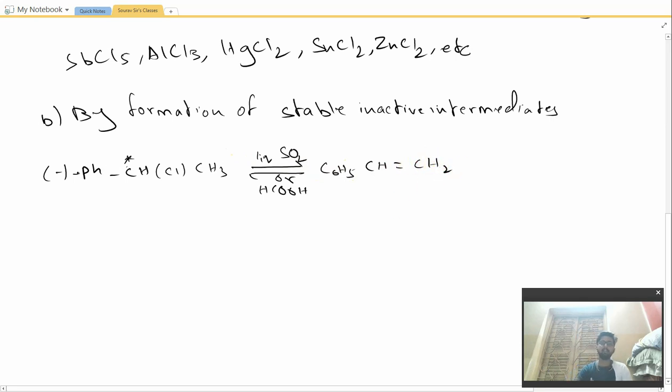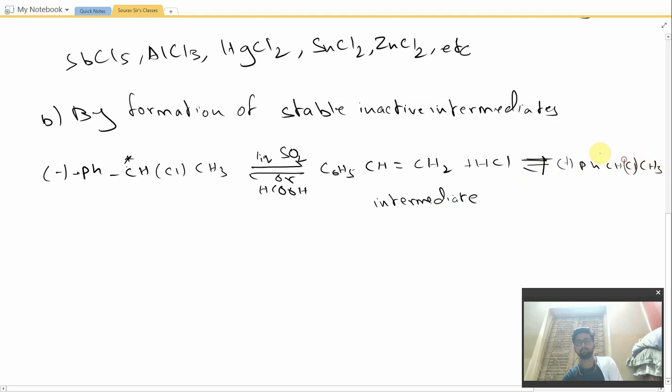What's happening here is HCl is being removed in the intermediate step. Now after this, the HCl will again add itself, forming the plus isomer of PhCHClCH3 again. From the minus, the plus isomer is formed, so you can see that racemization is taking place.